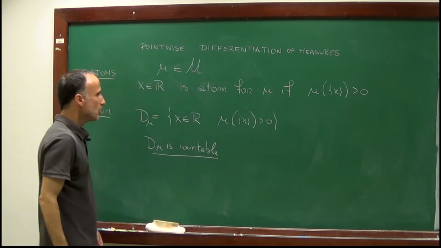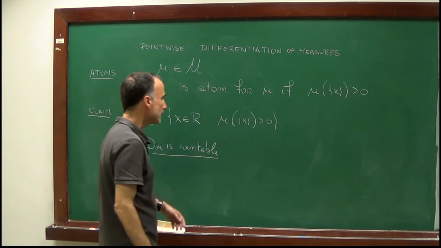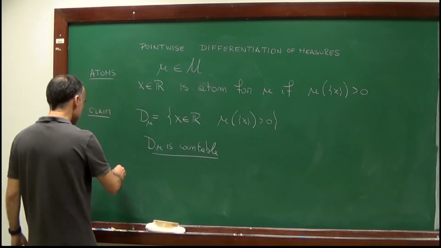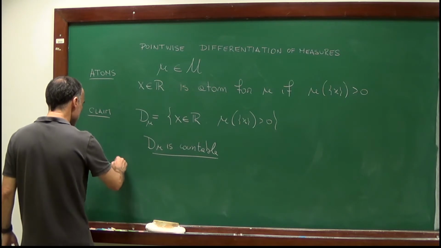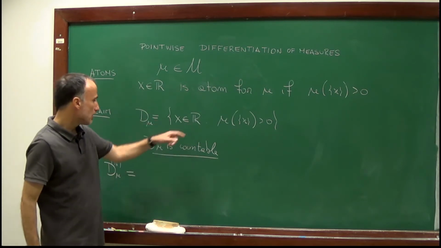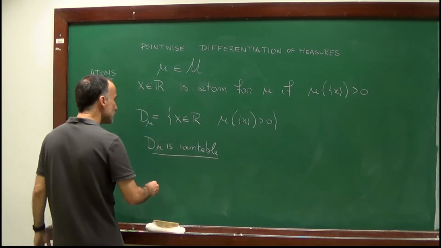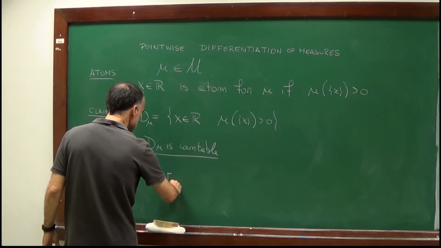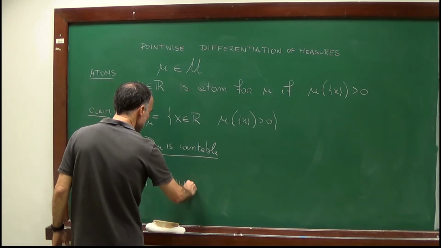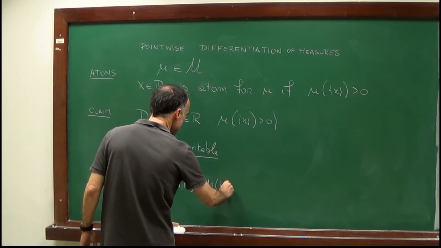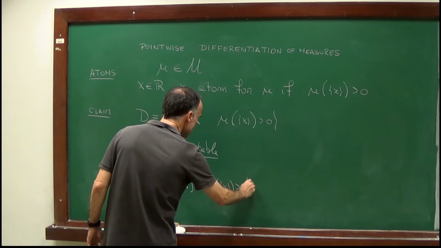Well, why is that so? Let me call D_n(mu), instead of taking all points in R, I will take all points in the interval [-n, n] such that mu of {x} is positive.